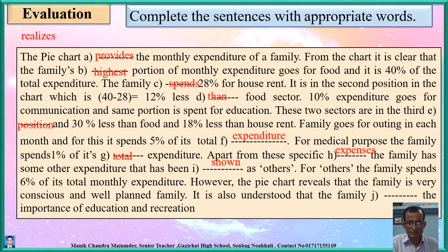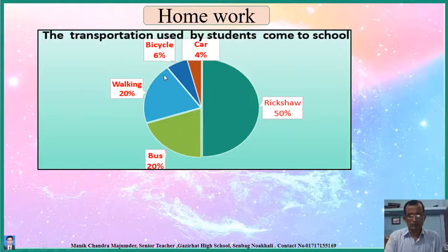However, the pie chart reveals that the family is very conscious and well-planned. It is also understood that the family realizes the importance of education and recreation.